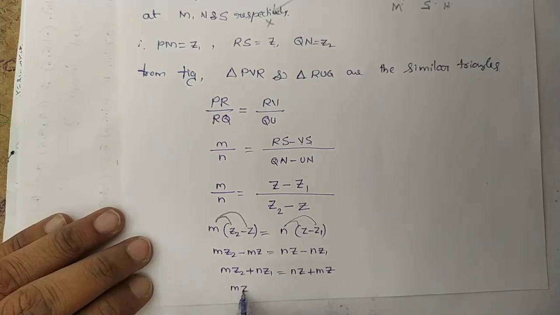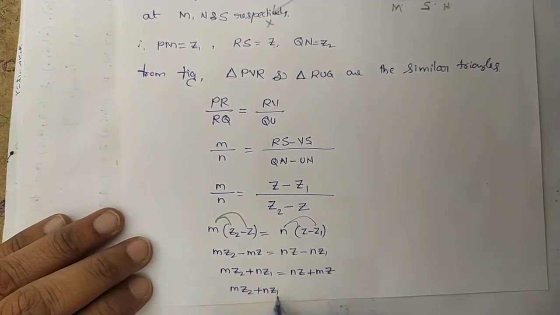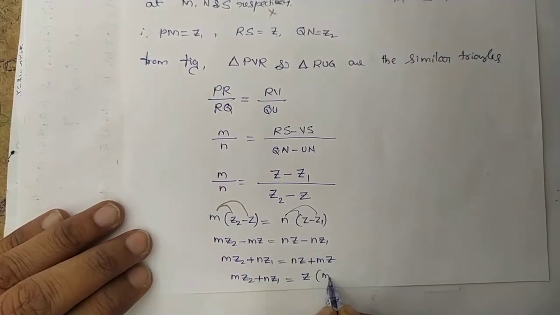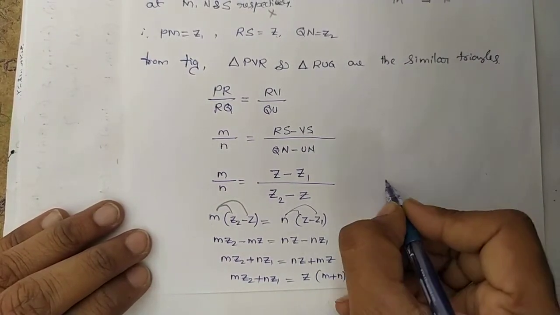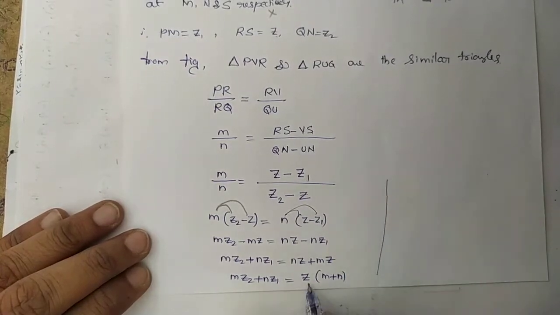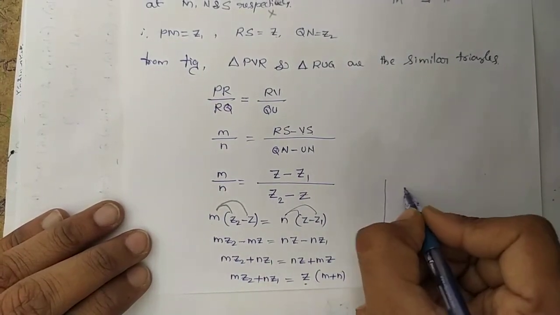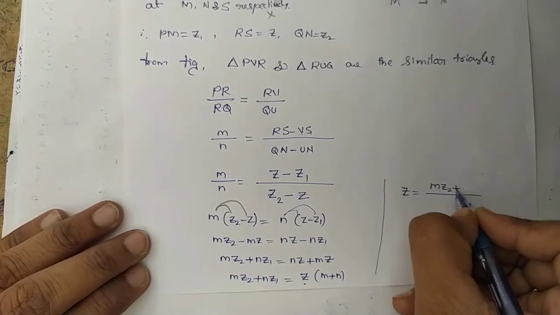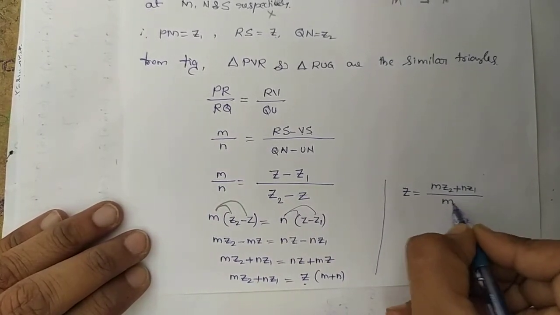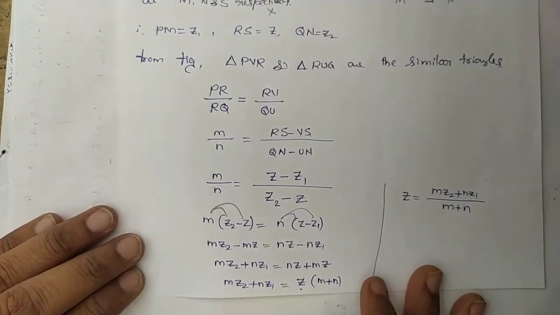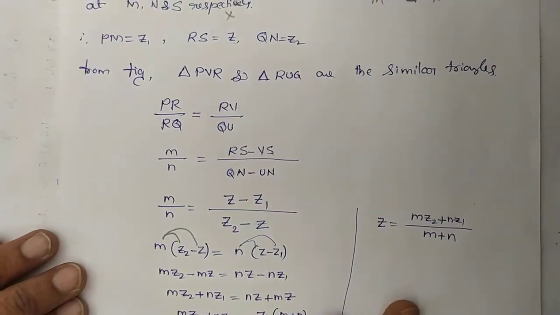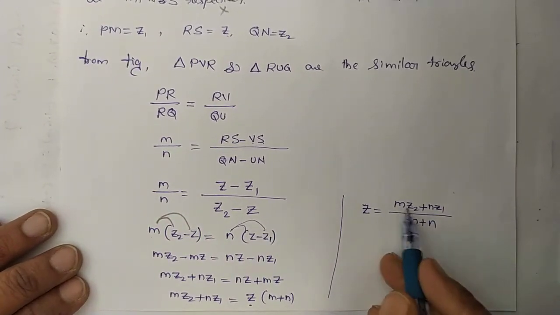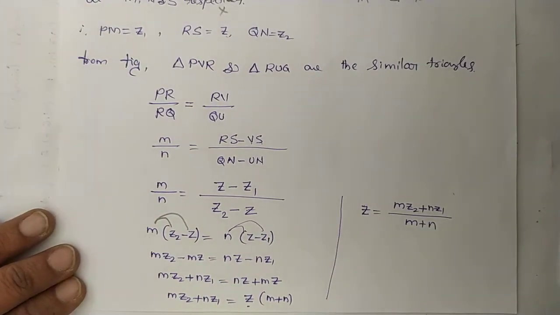So MZ2 plus NZ1 equals Z, you can take it outside, then M plus N. So now, after the simplification, we want Z. So Z equals MZ2 plus NZ1 divided by M plus N. Therefore, we found the coordinates of Z: MZ2 plus NZ1 by M plus N.